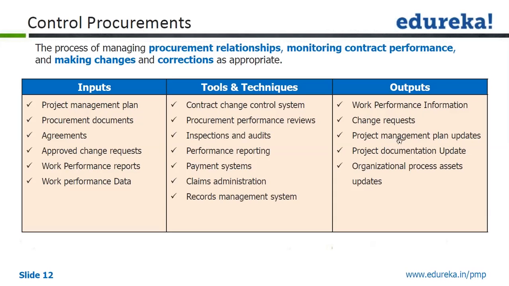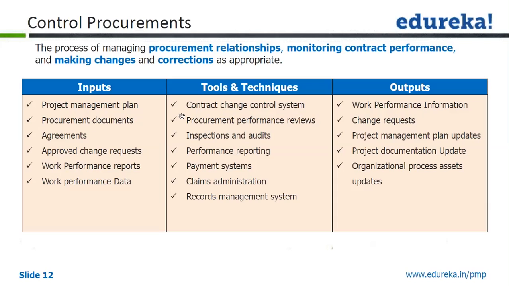And as part of that, we'll do the project management plan update and project documents update. This is the project management plan for the requesting organization. Procurement documents and agreements will be part of both the performing and the requesting organization, buyer and seller. So the tools and techniques, the various tools and techniques, start with a contract change control system.